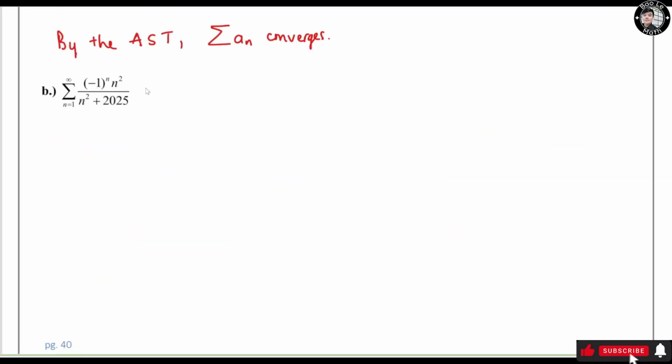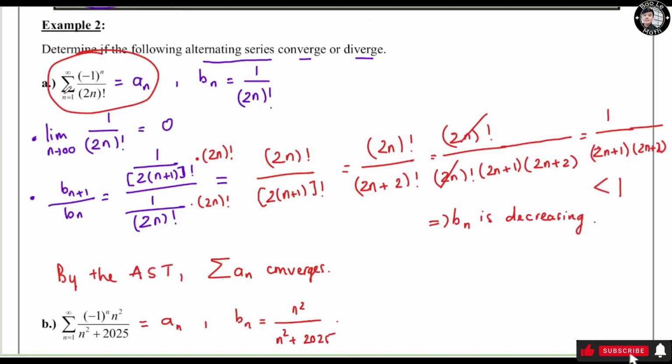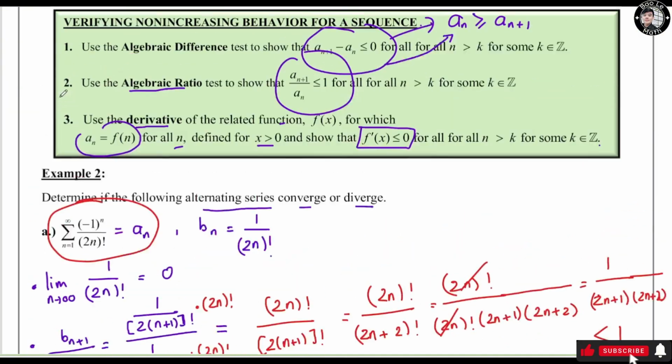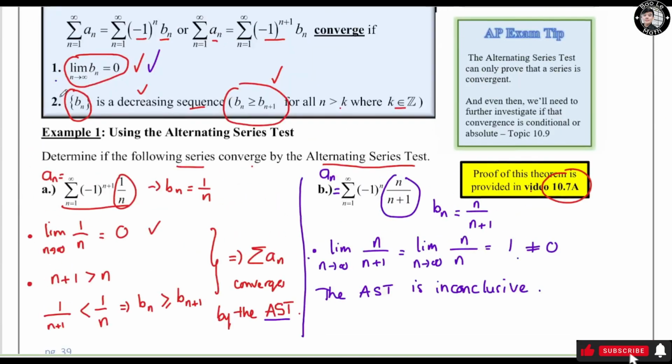Now, question B. I'm going to let this one be a sub n, and then b sub n equals n squared over n squared plus 25. Now, I'm going to go back to the alternating series test. I need to verify two things.